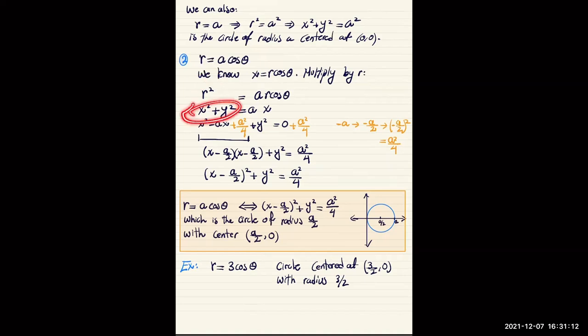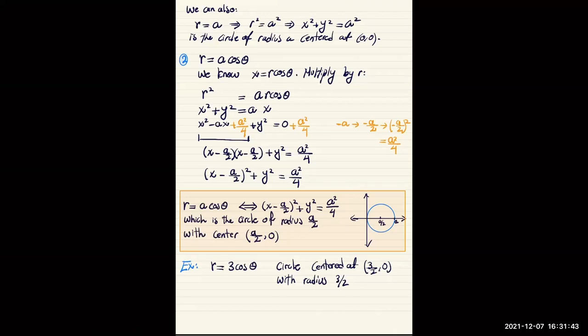Yep. And here we have a, and then r cosine theta is just x. So based on that, when you complete the square, the center is at a over 2, 0. There is no shift in y, because this is just a y squared, not a y squared plus or minus anything. Then the center will be on the x-axis.